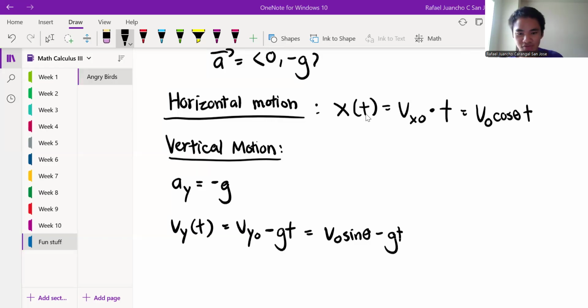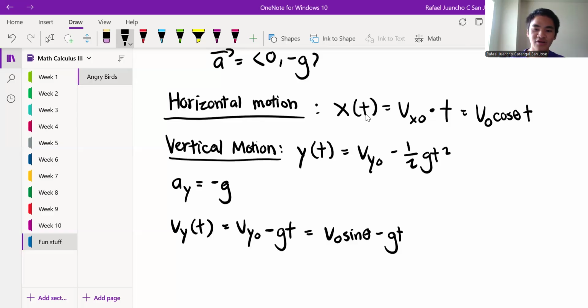Okay, and so our vertical motion, y of t, is Vy naught t minus one half gt squared. Now, where in the world did they get minus one half gt squared?